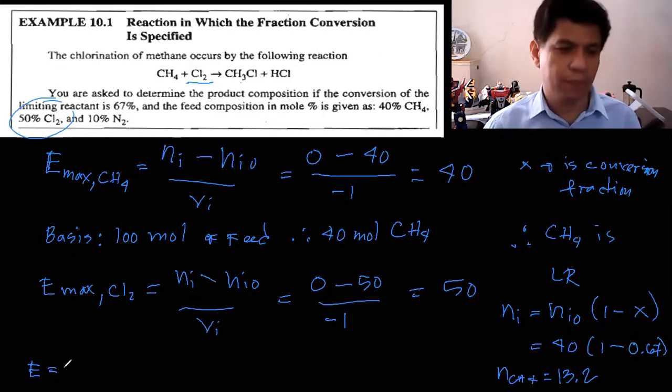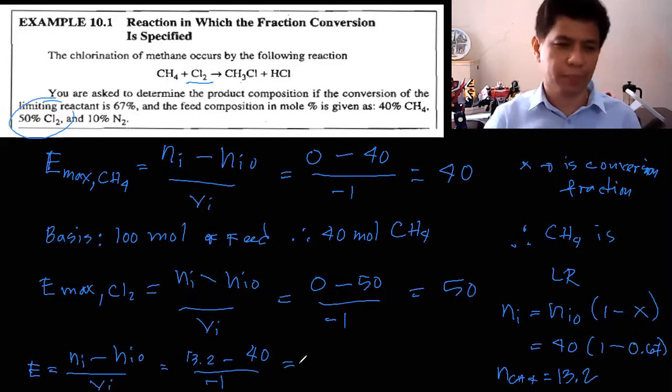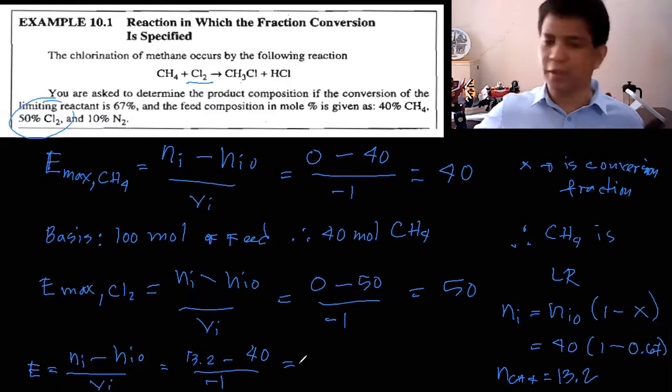So for the actual E, we have the same formula for the extent of the reaction. N sub I minus N sub IO divided by B sub I. So we calculated the final number of moles of methane, 13.2, minus its initial 40. Then divided by negative 1, because it's a reactant. So the extent of the reaction is 26.8.